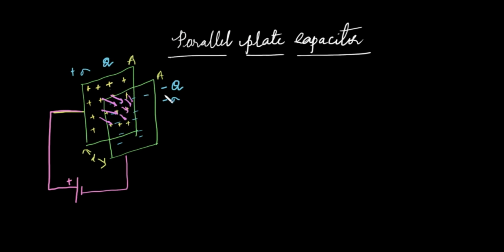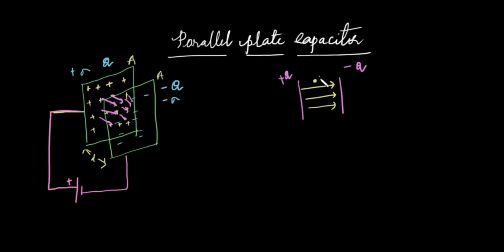Say this plate is plus Q, this plate is minus Q, then the electric field will be like this. Neglecting the fringing effect at the edges, the electric field is from the positive plate to the negative plate.